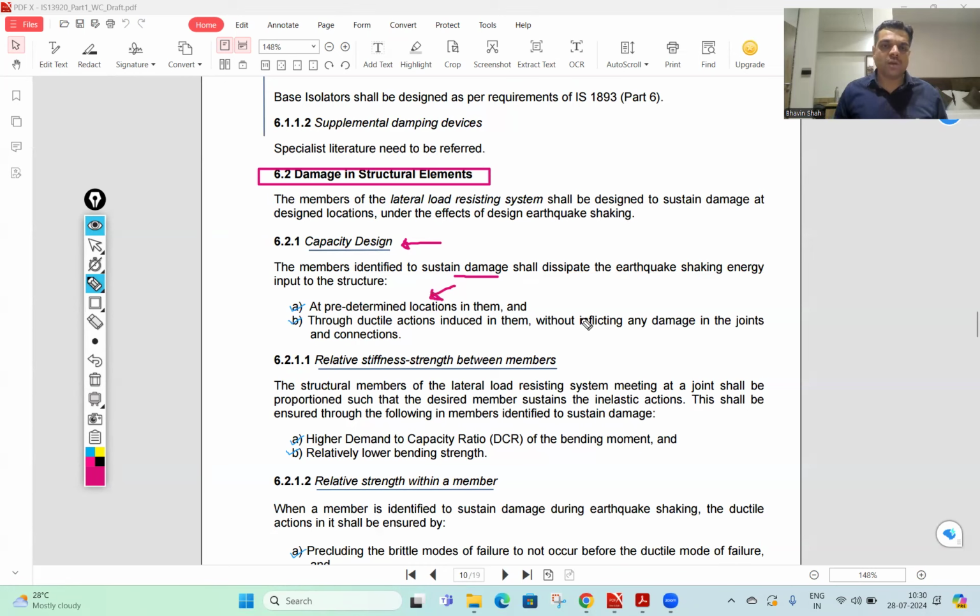So at the locations which we predetermine, the member will sustain damage or shall dissipate the earthquake shaking energy. Second is through ductile actions induced in them without inflicting any damage in the joints and connections.